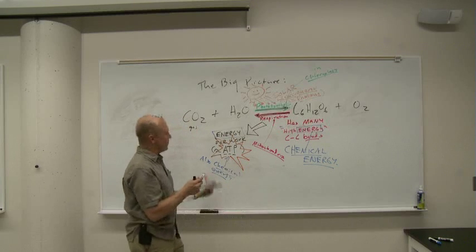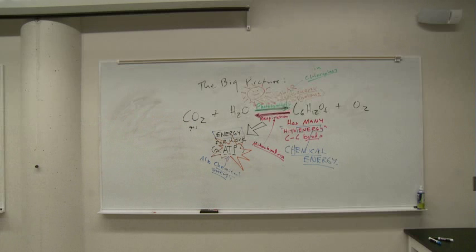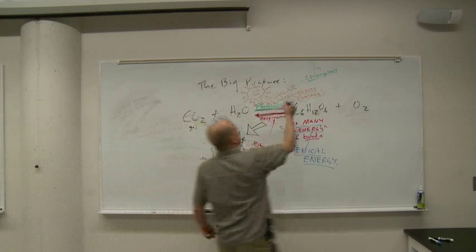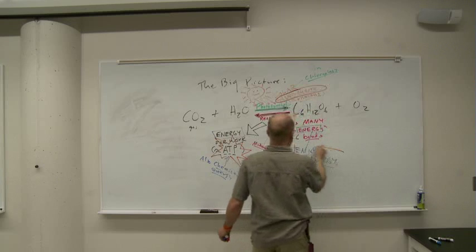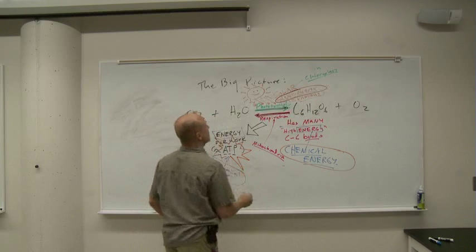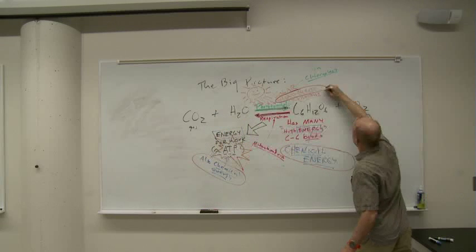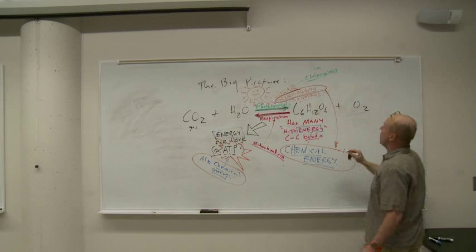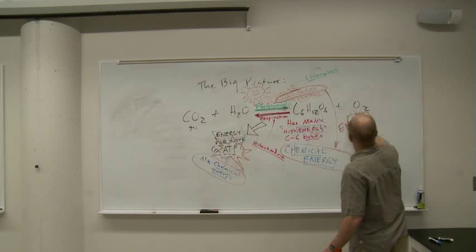So here we have these different kinds of energy. That's going to bring us to a funky field of thermodynamics. Light energy, chemical energy, chemical energy. So something is going on here. This is what we call an energy transformation.